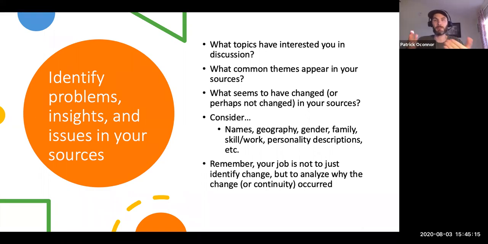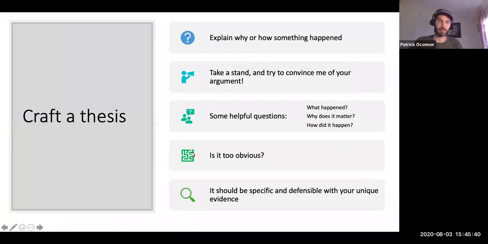So you're trying to identify what changed and then why that happened, okay? That's what historians do. What is the thing that changed? Why did that happen? Or alternatively, what didn't change? Why did it not change? And what does that tell us about the society that produced these sources? That's how historians approach any big project like this.